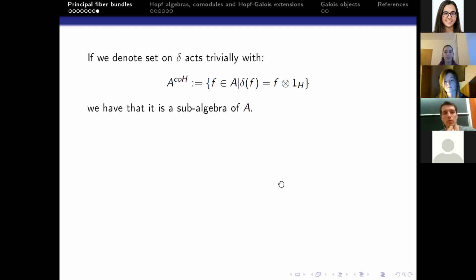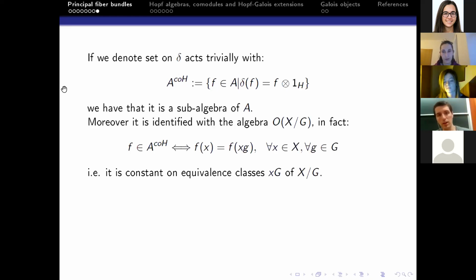For this map, we can define the subspace of elements for which this action is trivial, and it is the following set, which is denoted by A co H. And one can prove that this is actually a subalgebra of A, and nothing more.